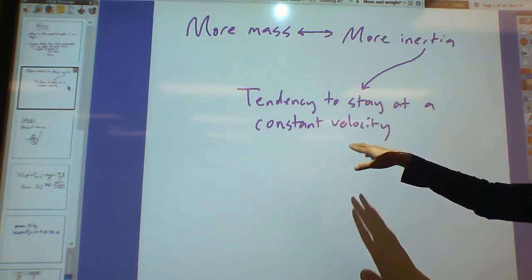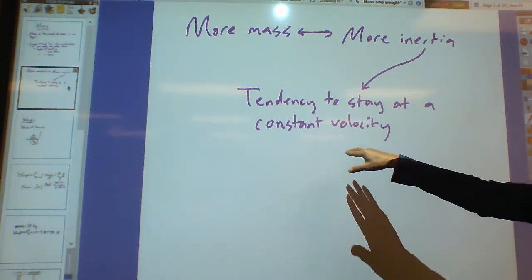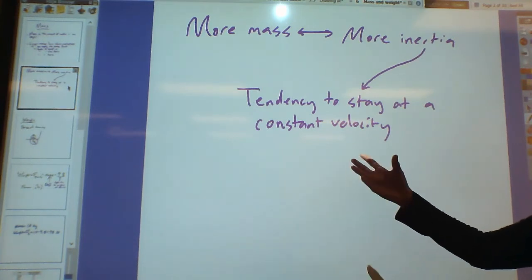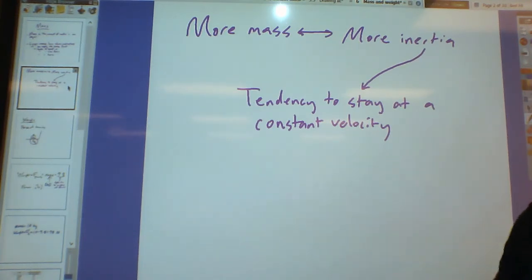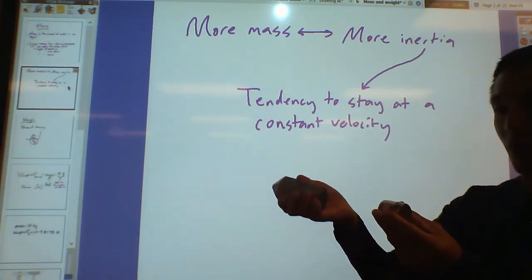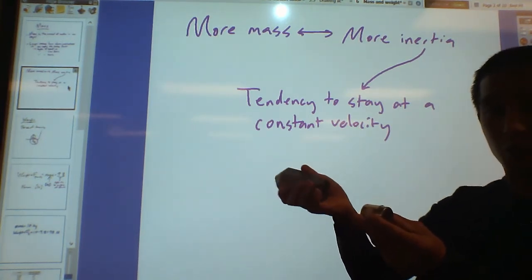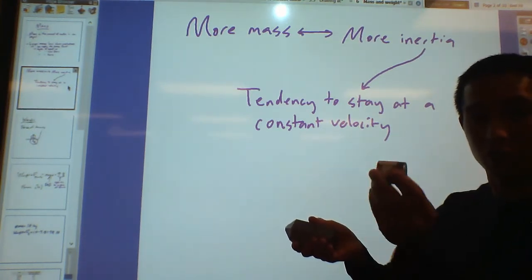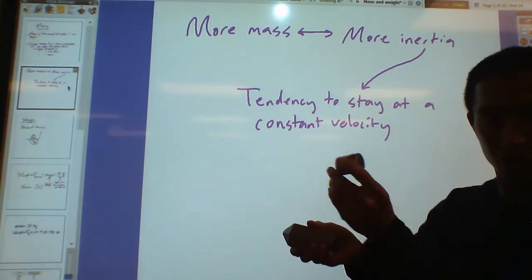It really likes to keep its constant velocity. So like I said, very difficult to speed up, very difficult to slow down, very difficult to turn. So that's what I said you were doing right here. This object, the fact it's more massive, is very difficult to speed up and slow down, and turn. This object is much easier to speed up and slow down and turn.